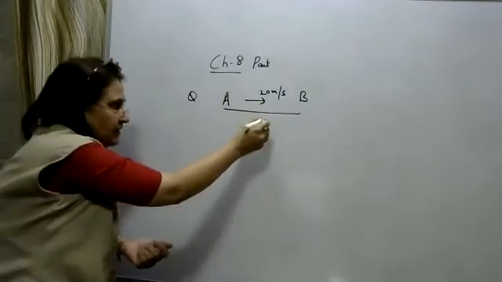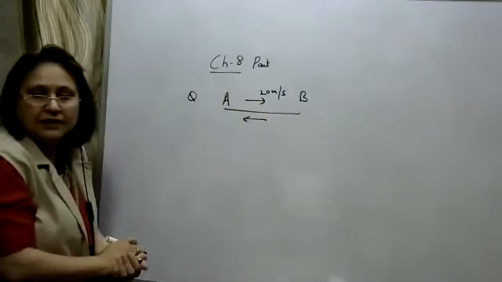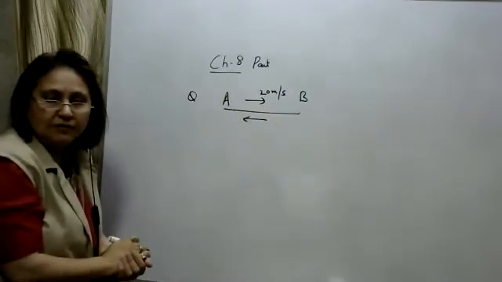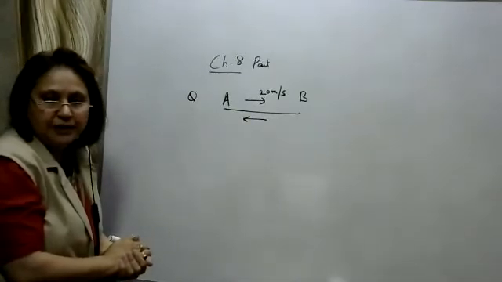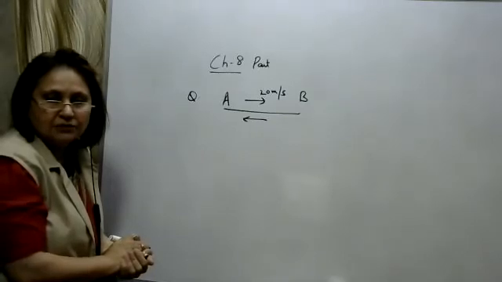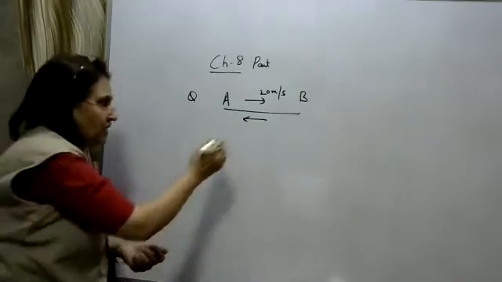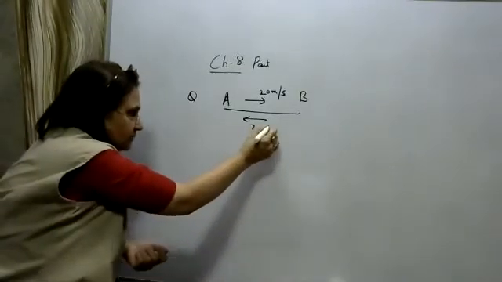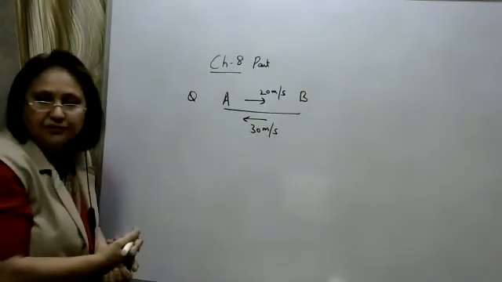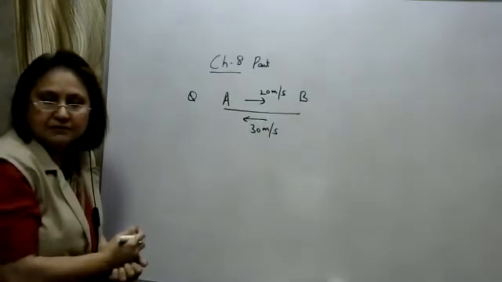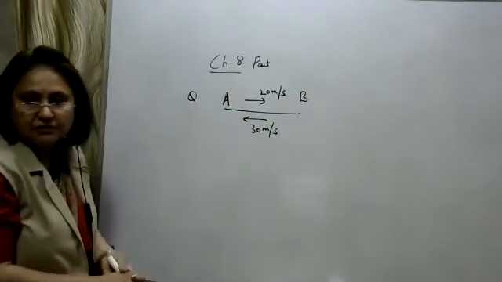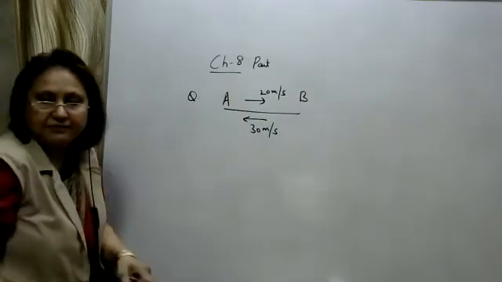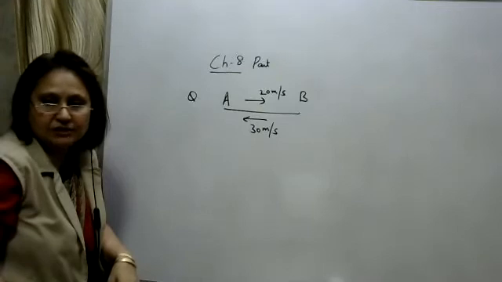Then he returns back from B to A, with a speed of 30 meters per second. Find his average speed in this entire journey.